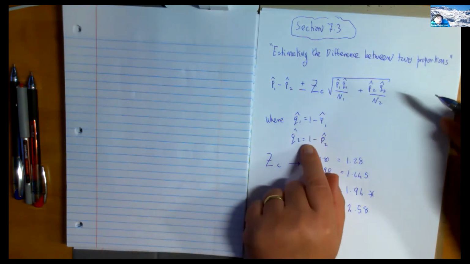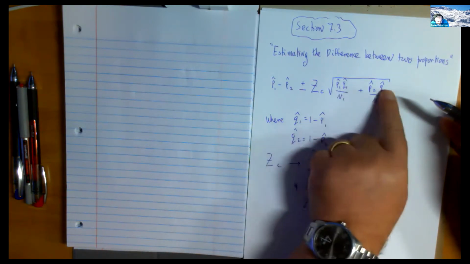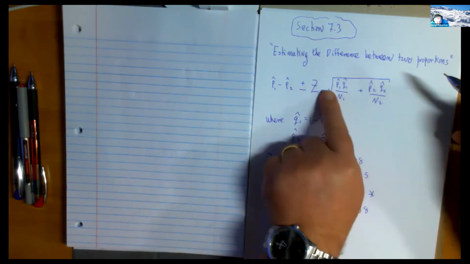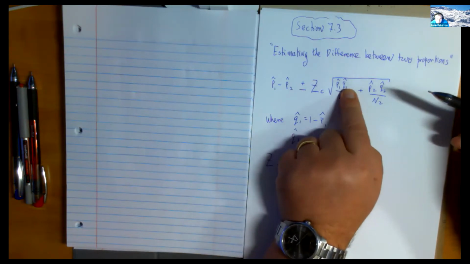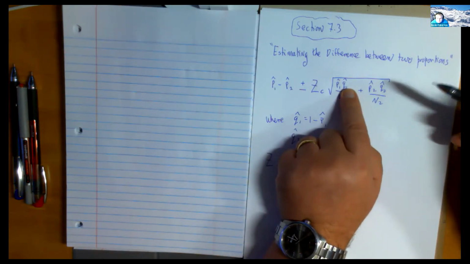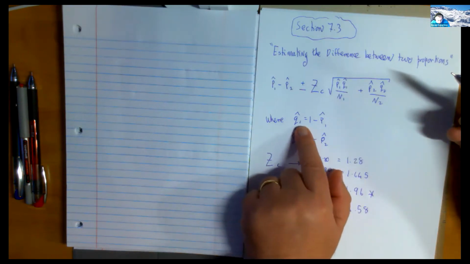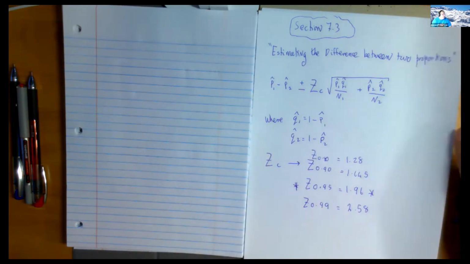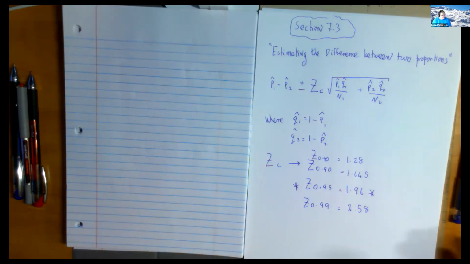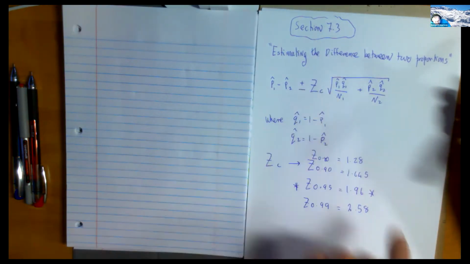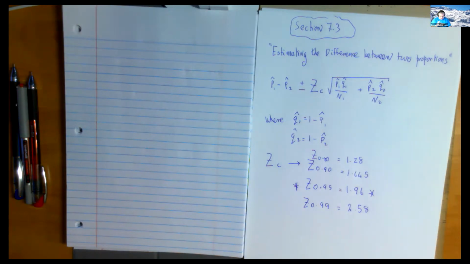I like to use 1 minus P1 here and here, but the formula gets so big when you do that that we'll use the textbook version, which is Q1 hat is just 1 take away P1 hat. So if P1 hat is 0.7, Q1 hat is 0.3. And so you put the package together and you'll get an interval that represents the difference between the two proportions.